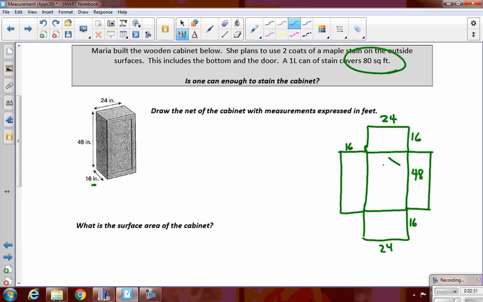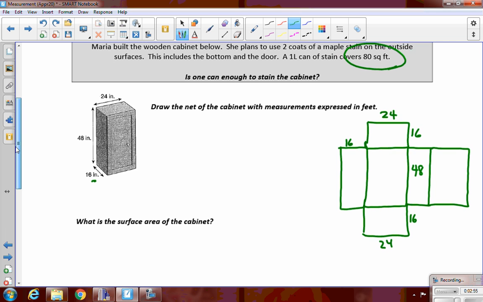The back's going to be the same size as that. So we need to attach it and have it the same size roughly. Here, this would be the back of the cabinet. So if I'm looking at it, we can clearly see that we have 6 sides of this cabinet. And here's all the dimensions on it. We will keep the dimensions in inches and work with the conversion at the end.